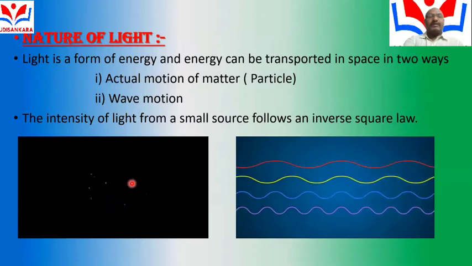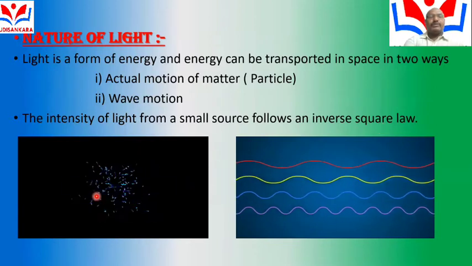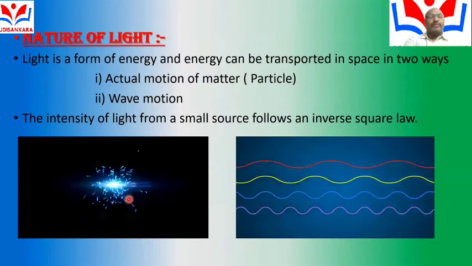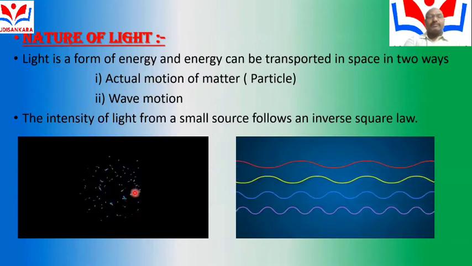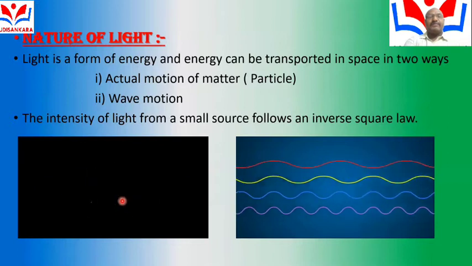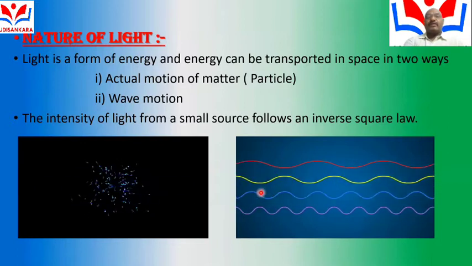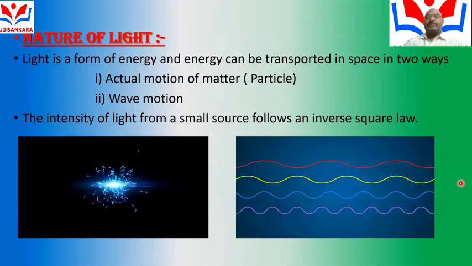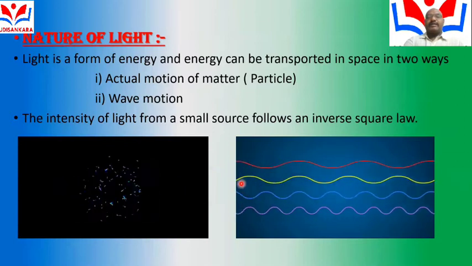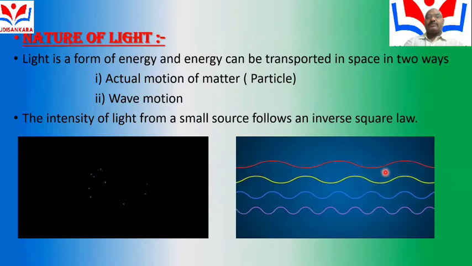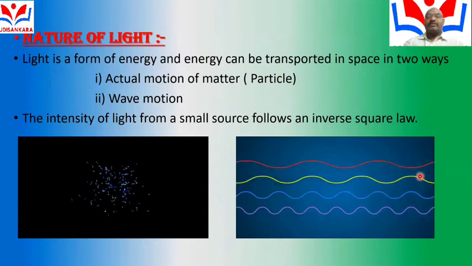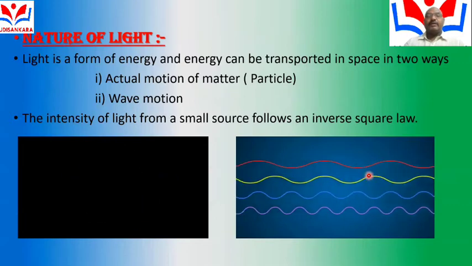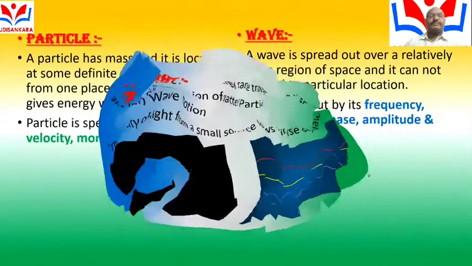A particle moves from one place to another with velocity v. The product of mass and velocity is the momentum, and the kinetic energy is half m v squared. A wave spreads from one place to another as crests and troughs continuously. A wave is not located in a particular region; it spreads through space.